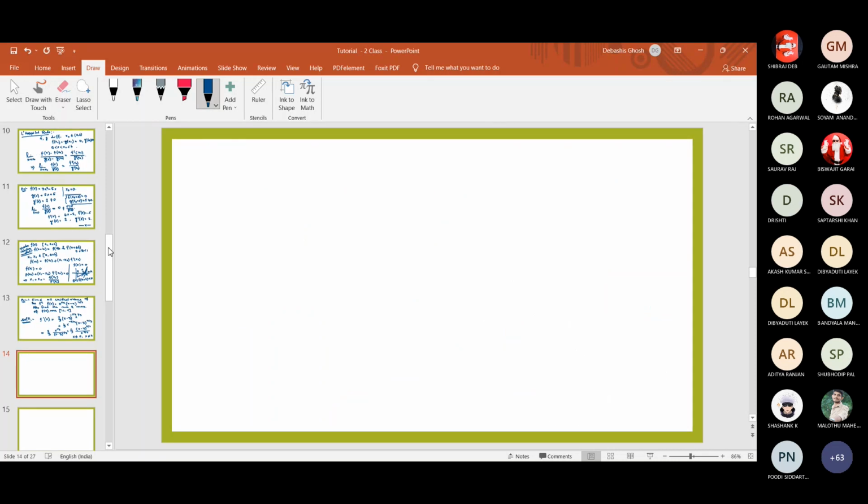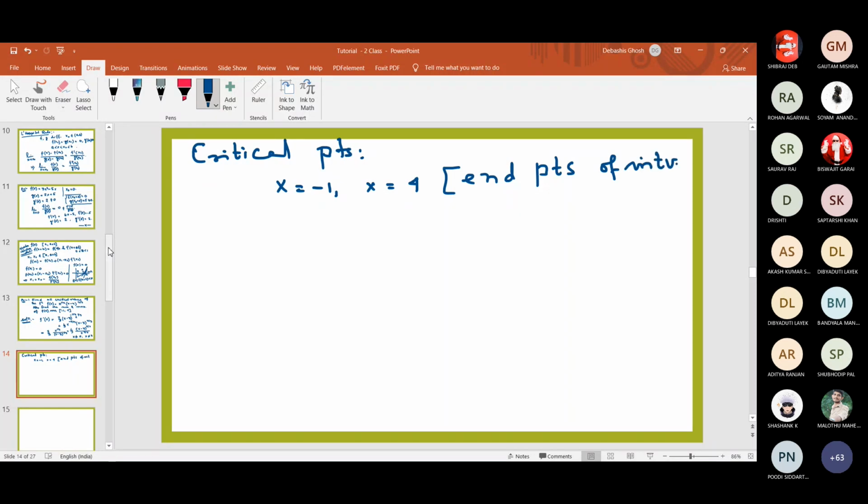So the critical points are x equals minus 1 and x equals 4, the end points of the interval.